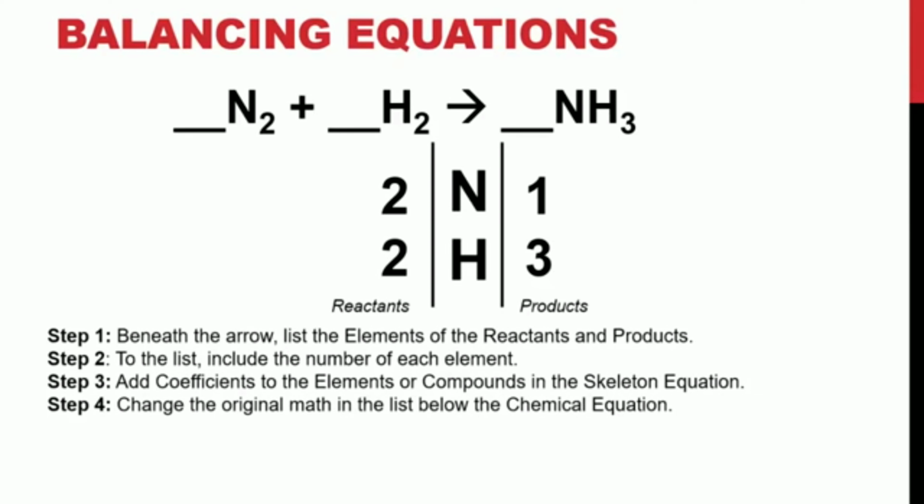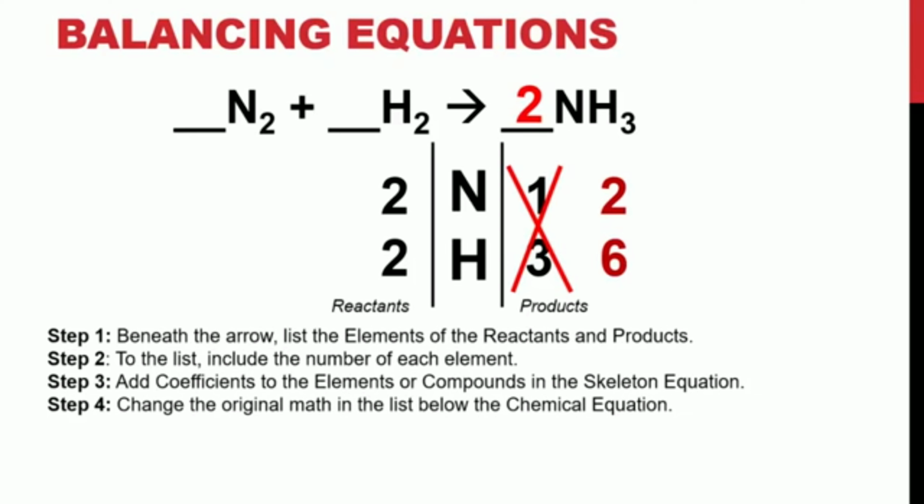So in order to balance the nitrogen, we're going to add a coefficient of 2 on the product side. That will give us 2 nitrogen. When you add a coefficient, make sure you simultaneously adjust the number of atoms in your atom count.